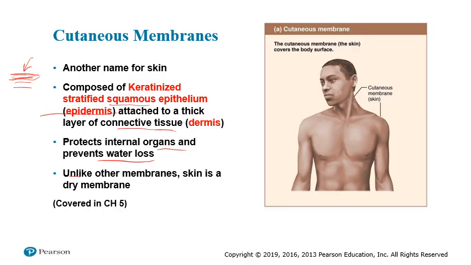Unlike the other types of membranes, the skin is a dry membrane, meaning the outside is dry. I don't have to mention that, right? But what I have to mention is that the layer of cells on the outermost part of your skin is dead. In order for your cells to be alive, they have to be in contact with fluid. Did I mention that before?